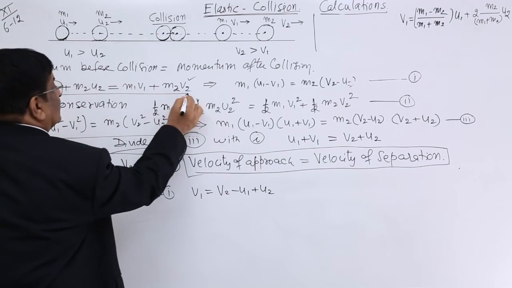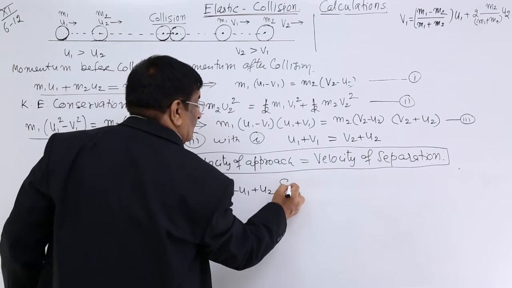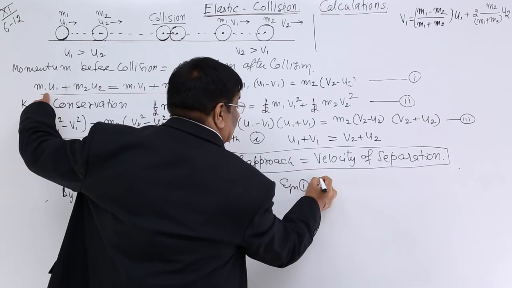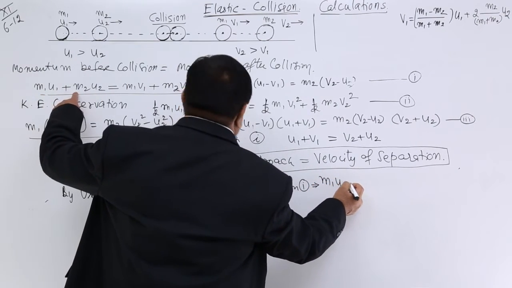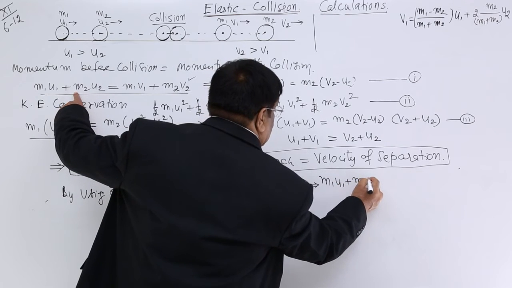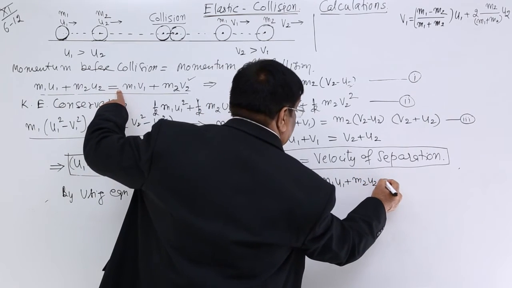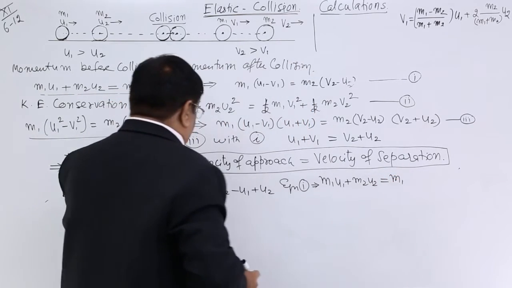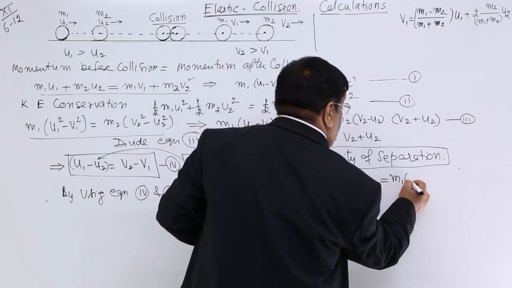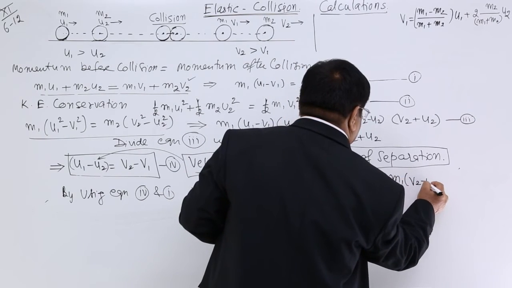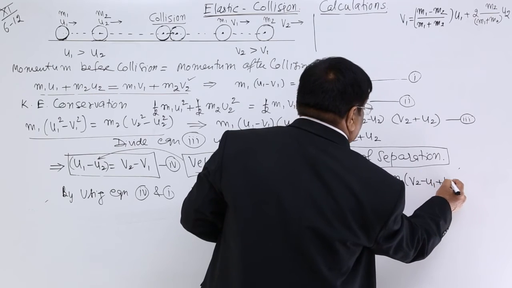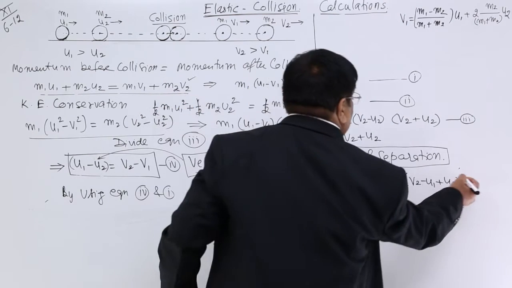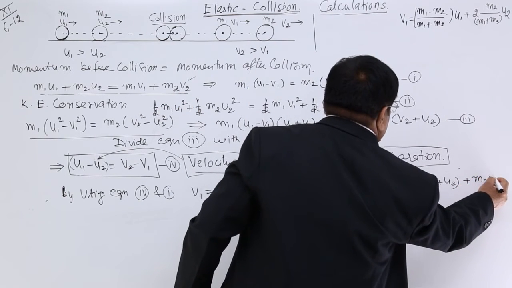So we rewrite equation 1: m1 u1 plus m2 u2 is equal to m1, and in place of v1 we write v2 minus u1 plus u2, then plus m2 v2.